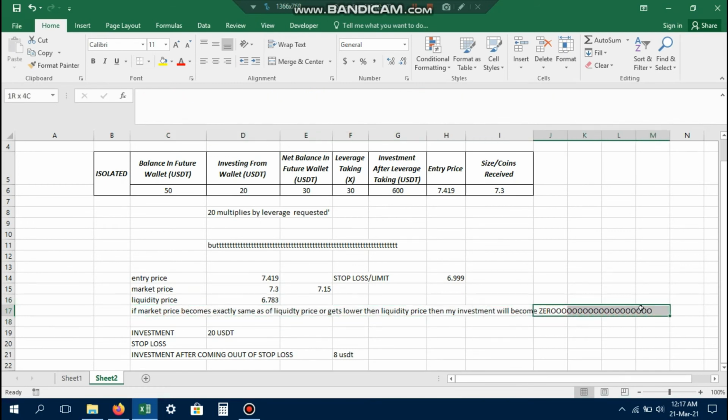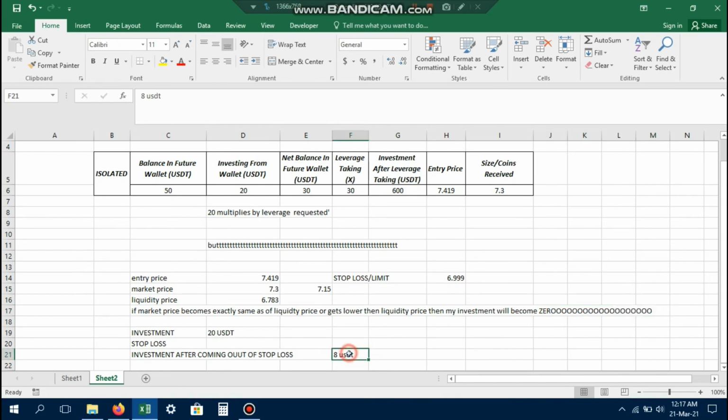To save yourself from becoming zero, you set a stop limit at a price, so that if the market price comes to this price, please take me out of the trade with at least some USDT or some investment.